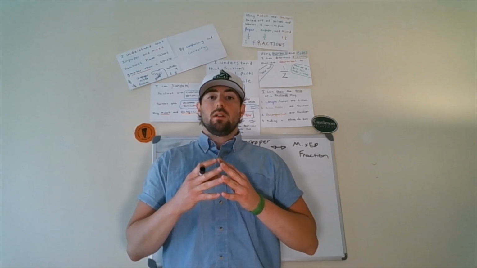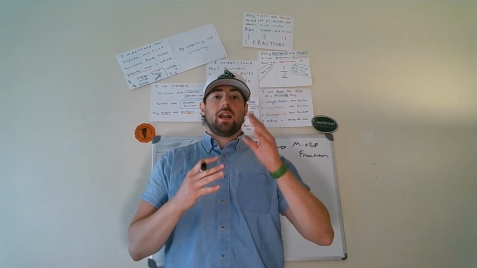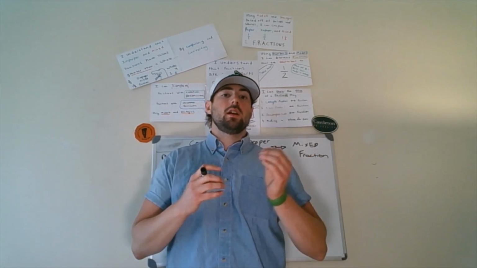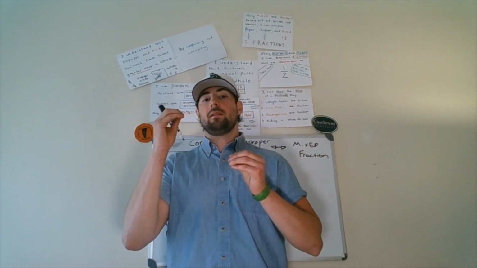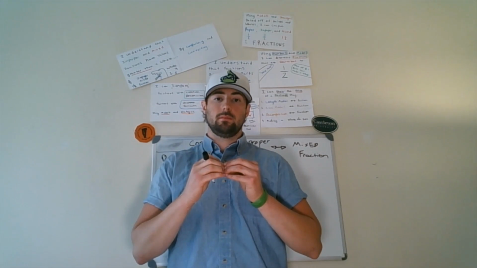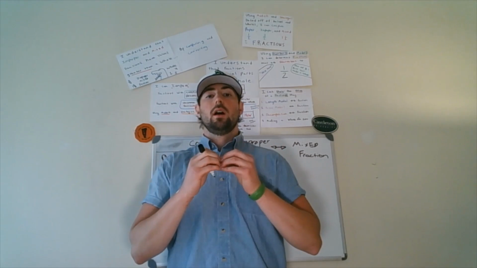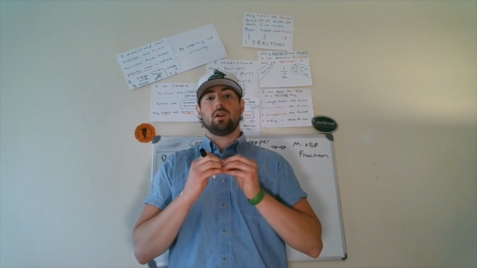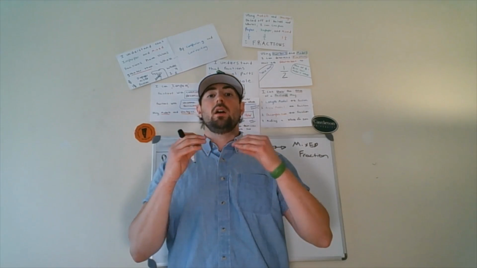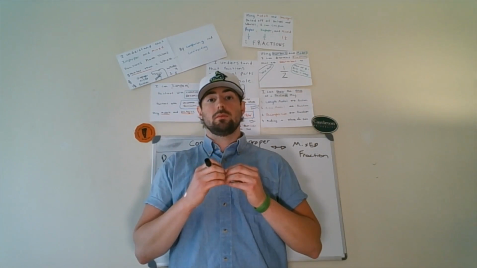We know now that an improper fraction can be equivalent or the same to a mixed fraction. How can we compare these things with the understanding that they can also be greater than, less than, or equal to?